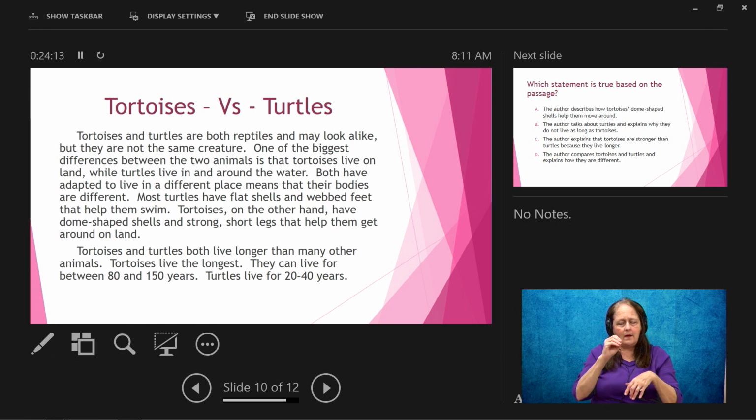Now, both have adapted to live in a different place, which means that their bodies are different. Well, how are their bodies different? It says that most turtles have flat shells and webbed feet that help them swim. Flat shells. I don't think I've ever noticed that.